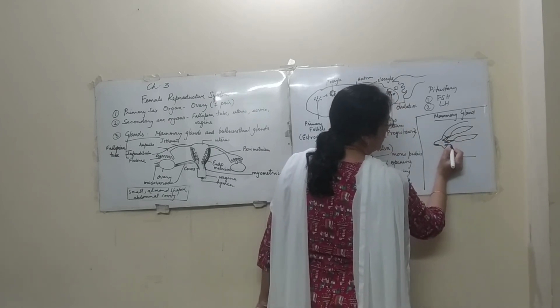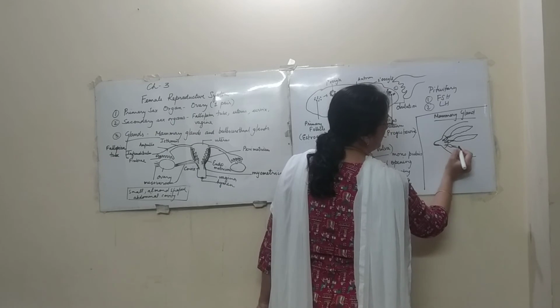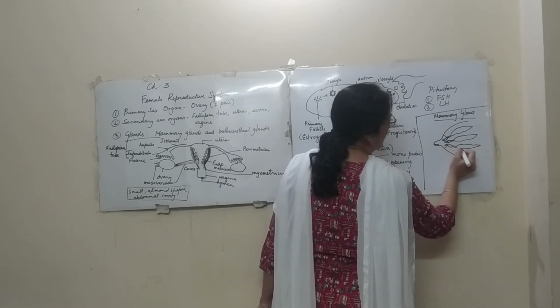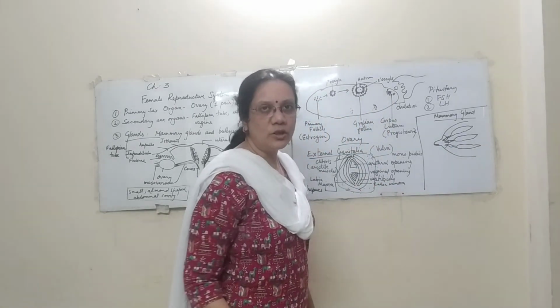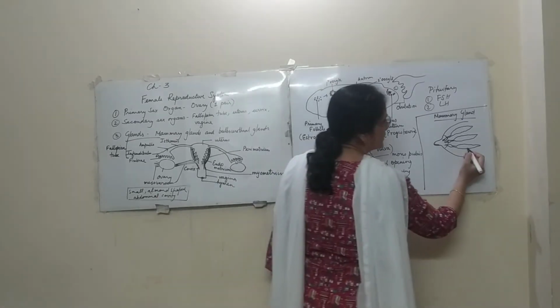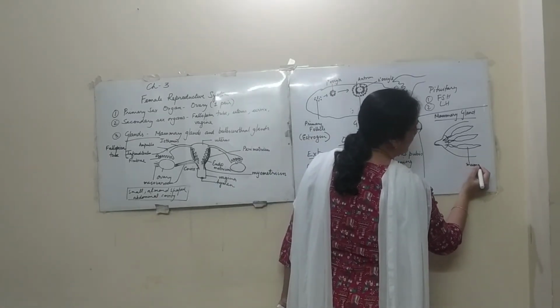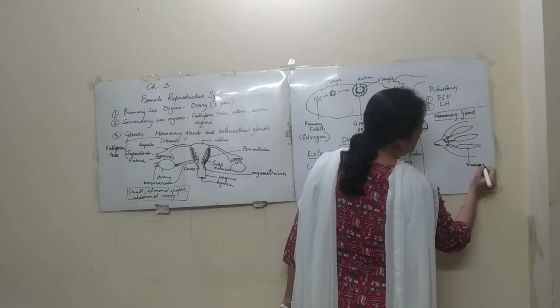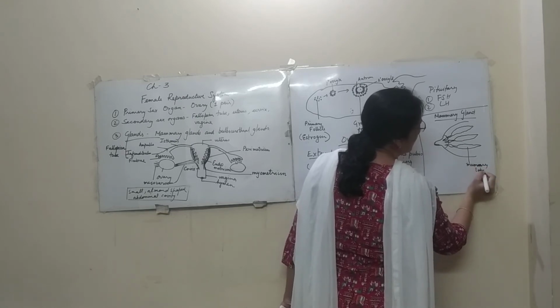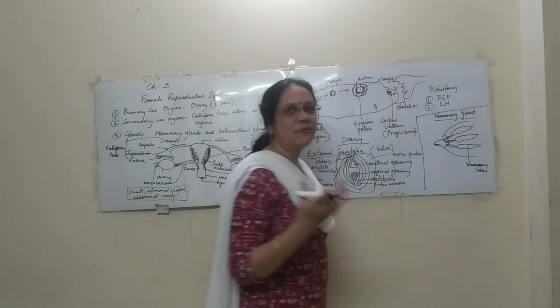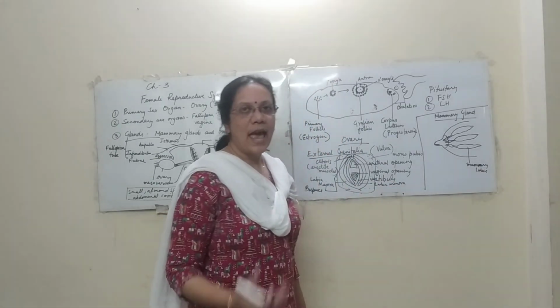Let me draw one more. There are around 20 to 30 lobe-like structures which are known as mammary lobes. These are made up of clusters of cells which are known as alveoli.